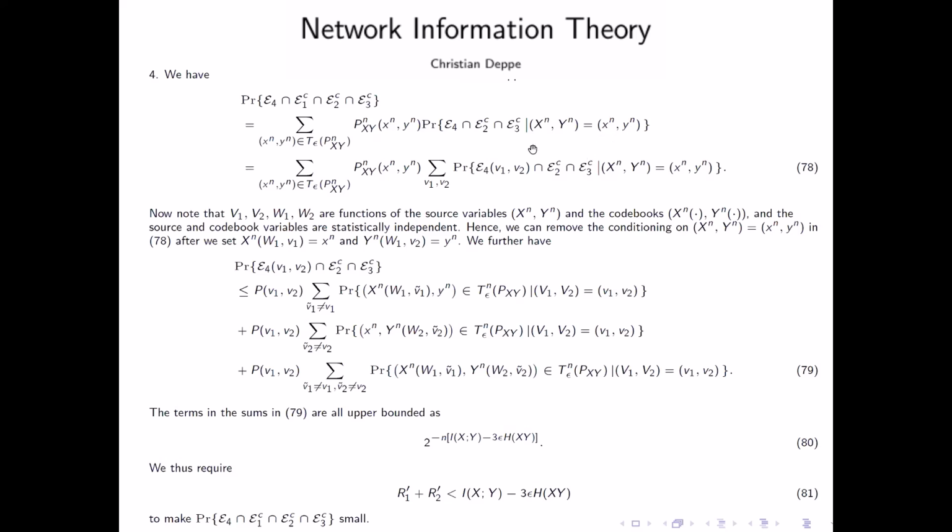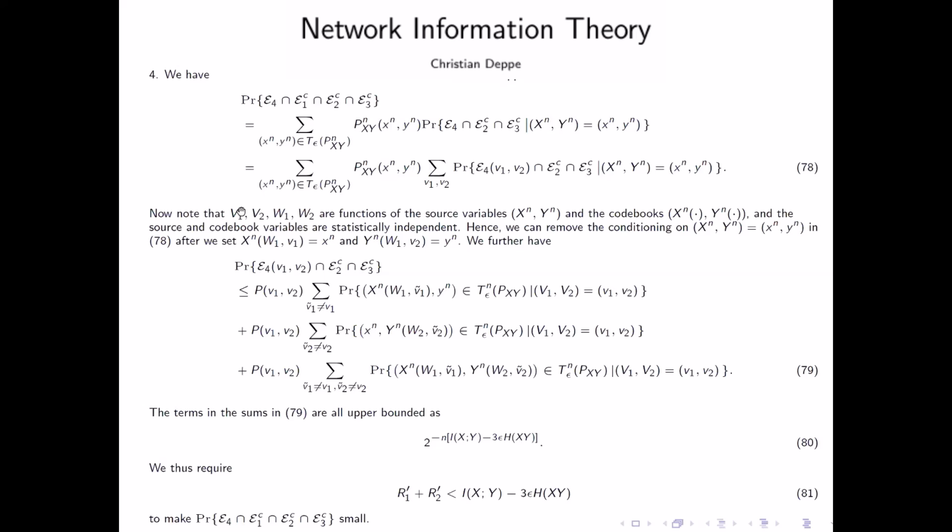Of course, now we considered for E4 only single events. For each V1 and V2, we consider the event that the wrong code word was chosen. So therefore, we can write this in this way.